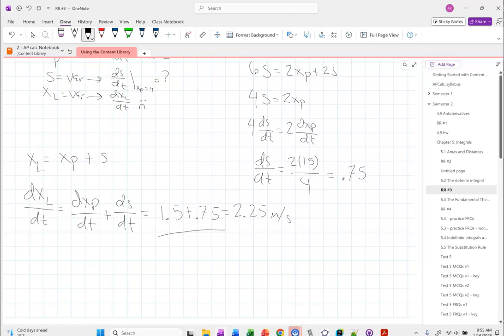Yeah. And this last realization that the tip is really x_p plus s, like that whole base segment, is maybe not completely obvious until you think about when I explained it. The tip is moving with this segment, but it's also moving from this piece, so you have to add those two rates together.